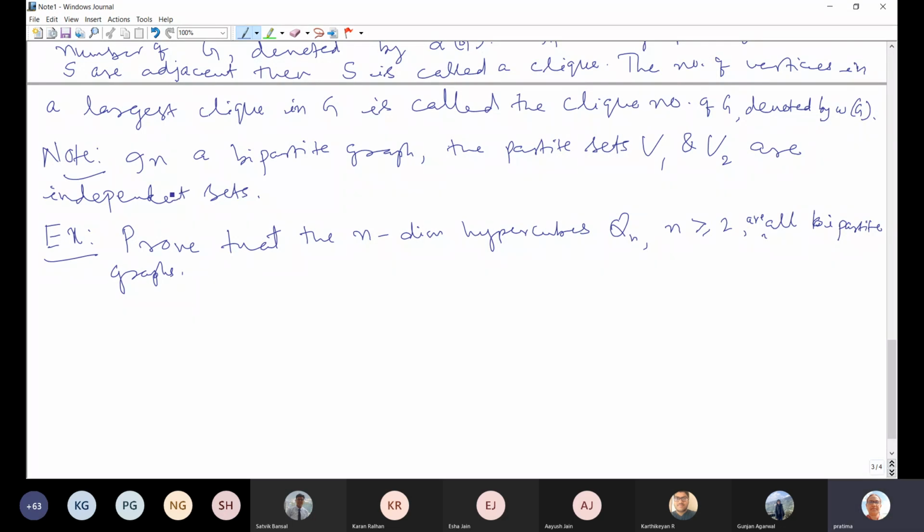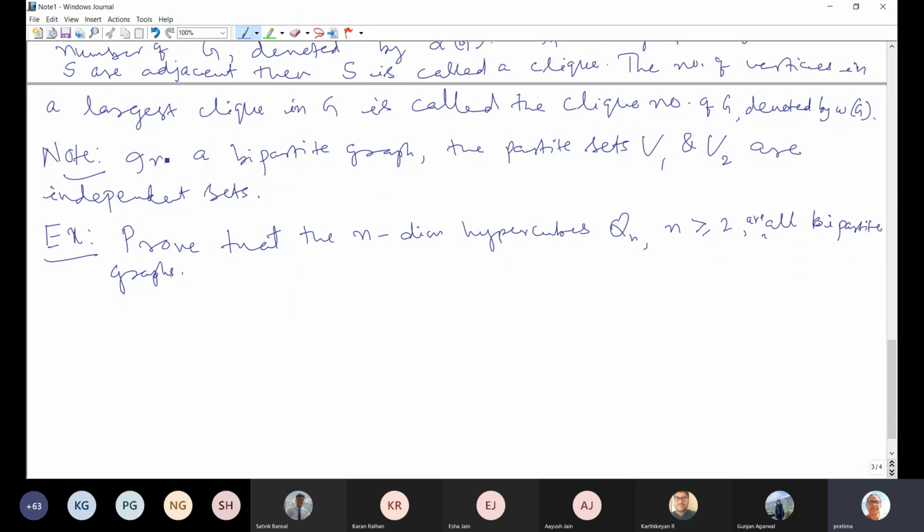Think over this problem that all n-dimensional hypercubes are bipartite graphs. How do you recognize bipartite graphs? Which graphs will be bipartite and which will not?